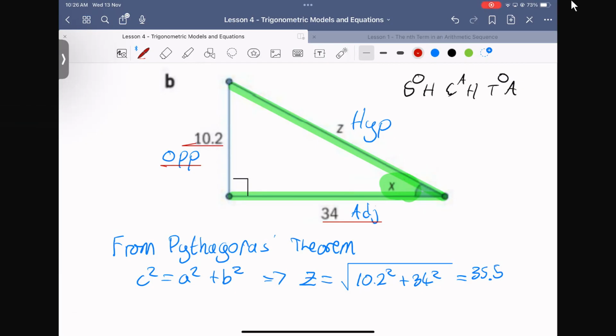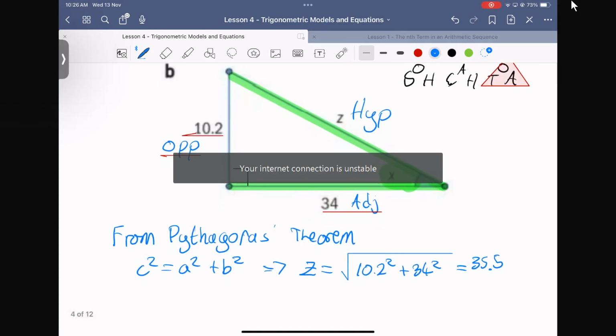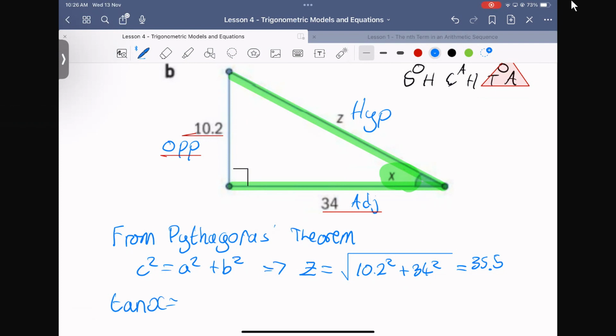So when it comes to selecting how to find the angle, I would recommend that we use tangent, because the hypotenuse length could be wrong. So stick to the values that are given. We're told that the tangent of x is the opposite, 10.2, over 34.